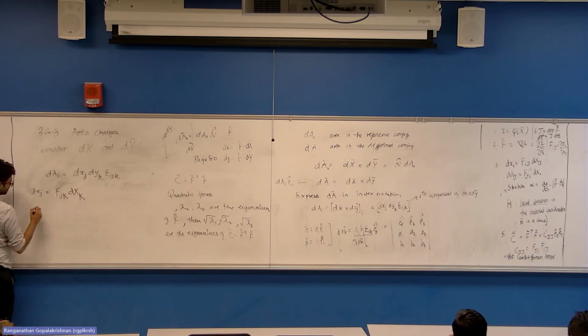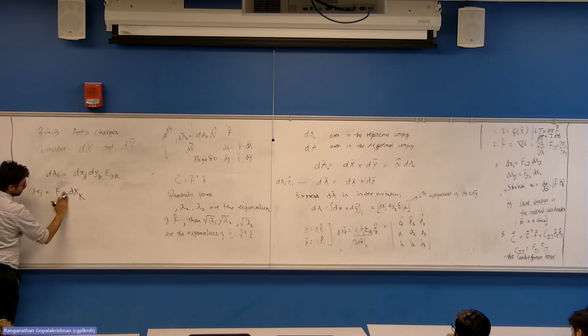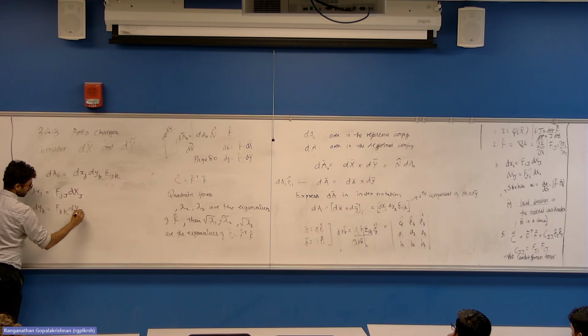And then we'll write, actually, let's keep the J, even if it's a little uncomfortable. And then dy_k is F_kK dX_K.